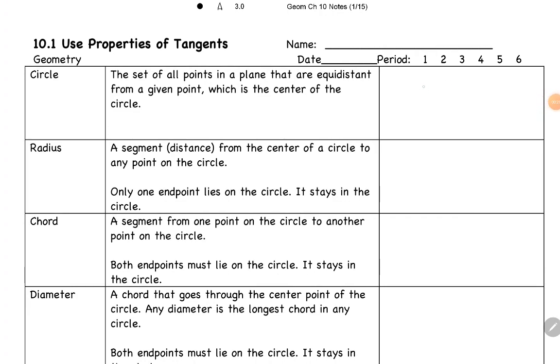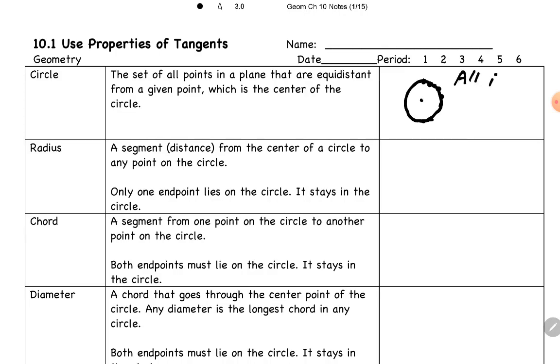A circle, hopefully you know what a circle is, is the set of all points in a plane that are equidistant from a given point. So let's say these dots on the edge of the circle, those would all be the points they're talking about, and they're all equidistant from the center.